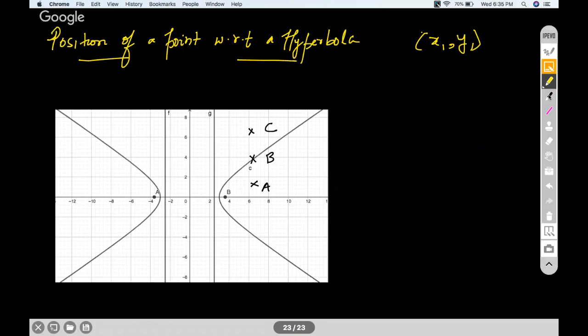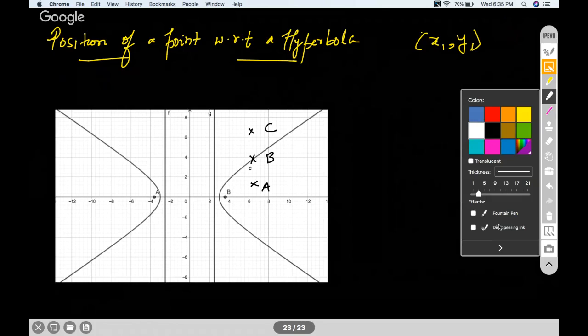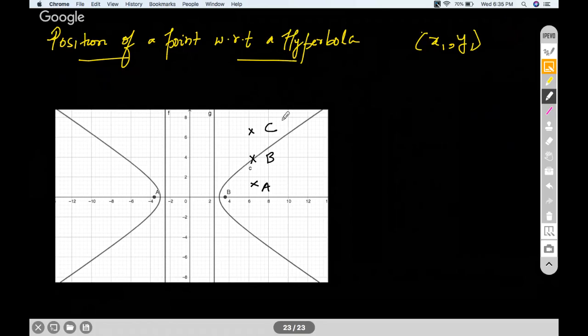Now guys, in case of a hyperbola, the situation is slightly different. If the point is at A, then if you substitute A in place of x and y for this hyperbola, you would realize that x1 square by a square minus y1 square by b square is actually greater than 1.